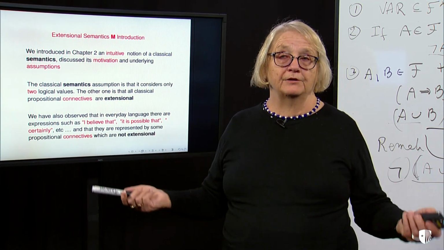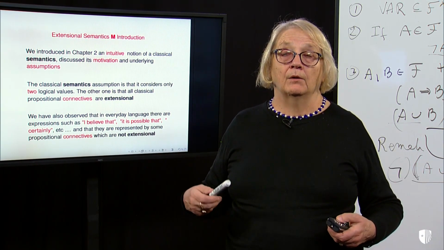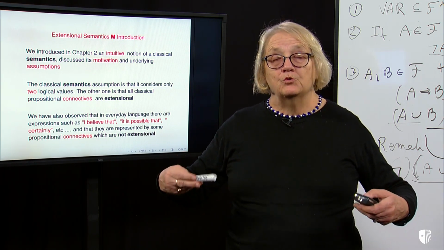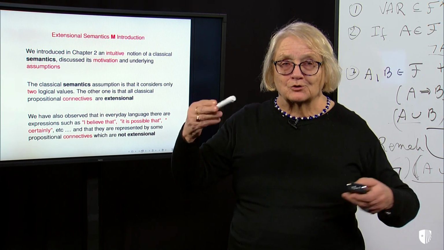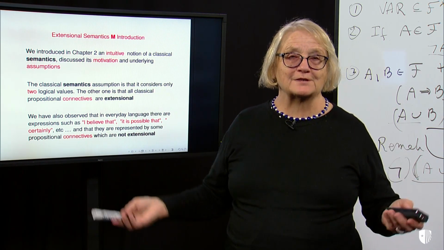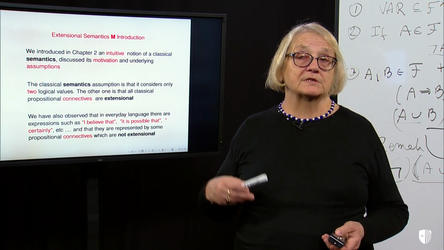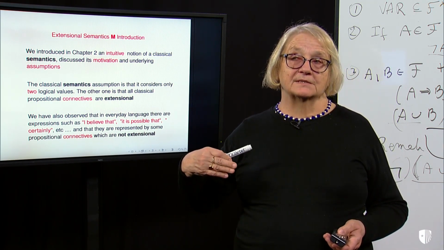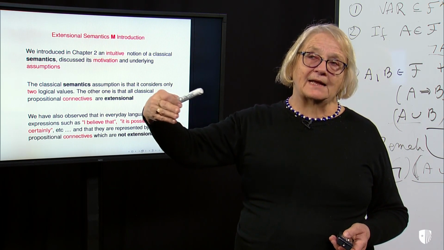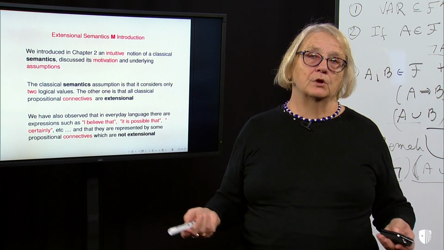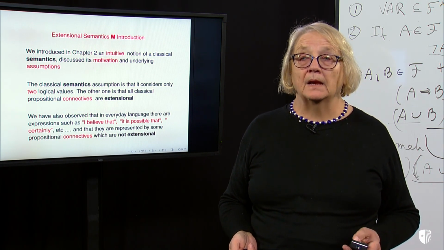So I now show how to define what you know already: tautologies, 0, 1, true, false, etc., for classical formulas. How you define all this semantics as this kind of assignment, and how you define the notion of tautology in a formal way.